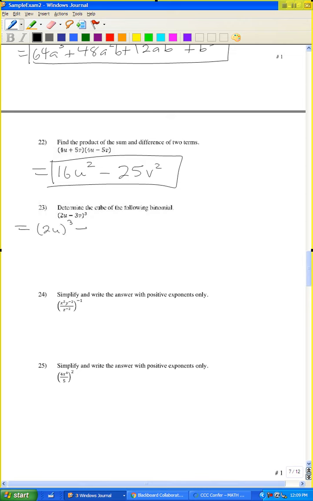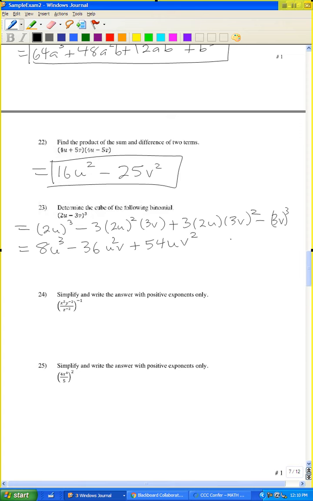So 2u cubed minus 3, 2u squared, 3v, plus 3, 2u, 3v squared, minus 3v cubed. 2 cubed, 8, u cubed. 2 squared, 4, 3 times 3 is 9, 4 times 9, 36, u squared v. 3 squared, 9 times 3, 27, times 2, 54, u v squared. 3 cubed, 27, v to the third. And that is your answer.